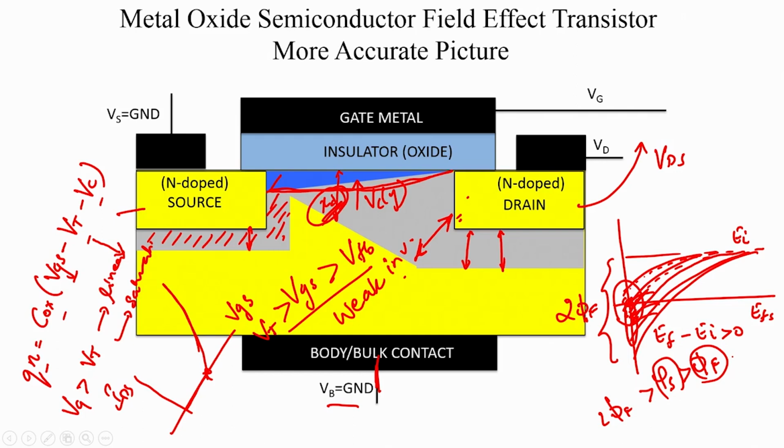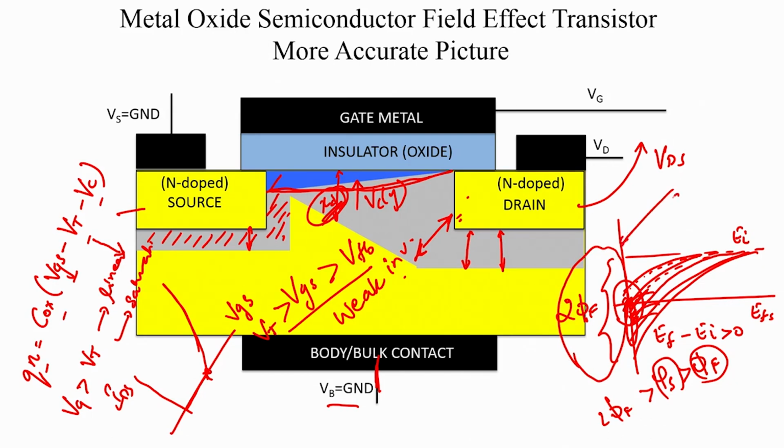But the concentration is still not large enough for us to say that the device is completely turned on. So, that is the region which we have completely blanked out in our model. So, we are also going to correct for that aspect.